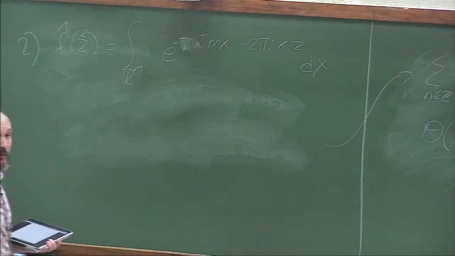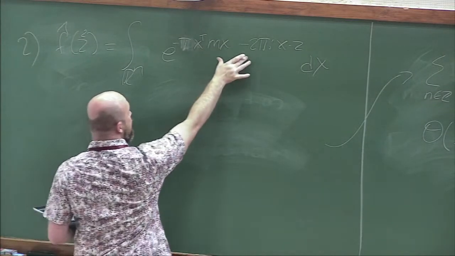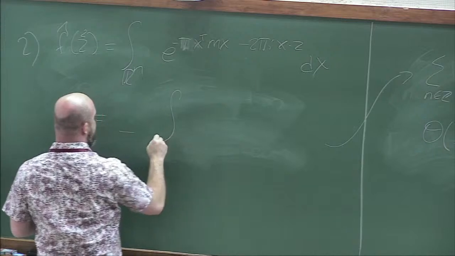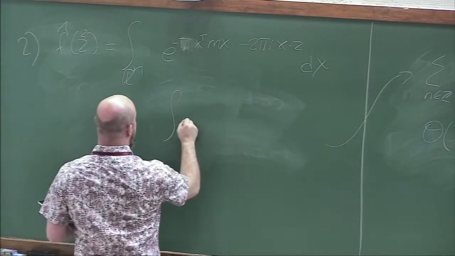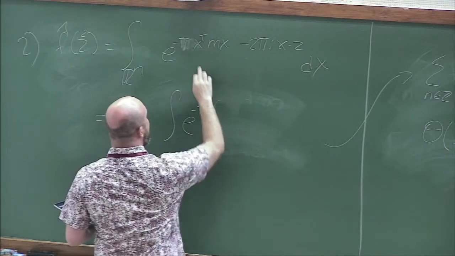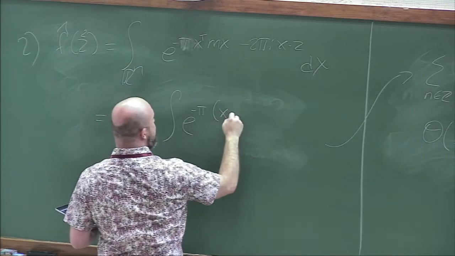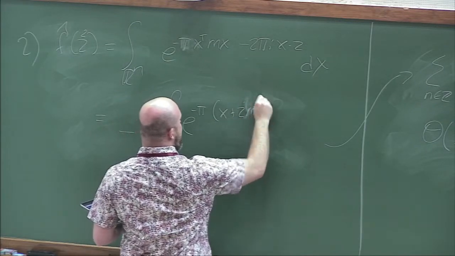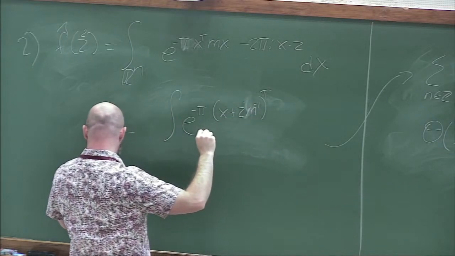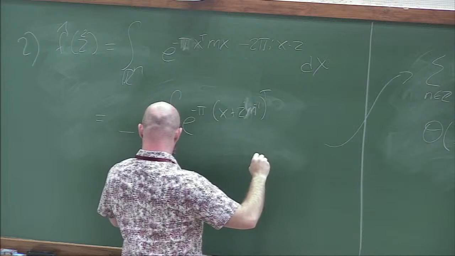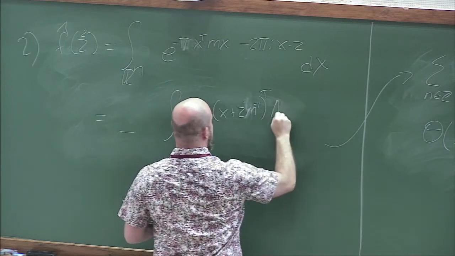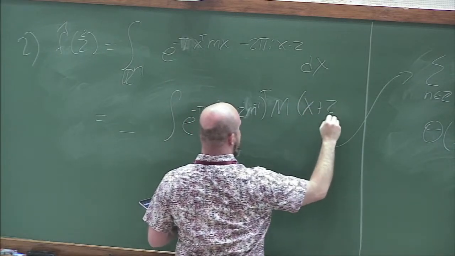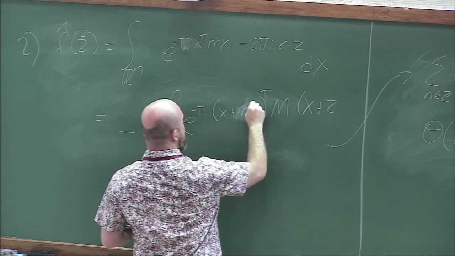Now the first thing that we do here is we're going to complete the square. I'll have a term on the outside that I've got to cancel in just a second, but inside here I'm going to have e to the minus pi times x plus M inverse z, transpose, times M, times x plus M inverse z, dx. Oh, I got those on the wrong side.